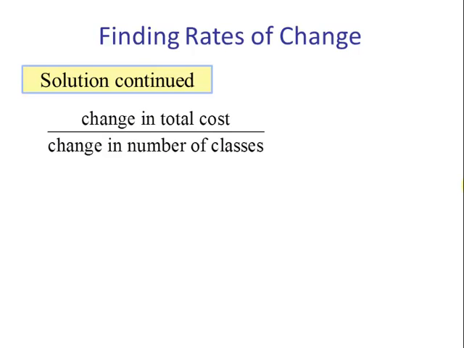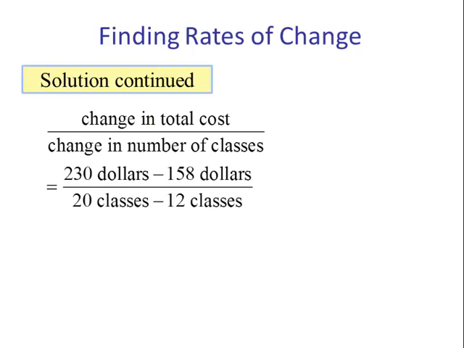So we have the change in total cost. That's our y variable, our dependent. Our independent is the number of classes. So the cost depends upon the number of classes. So we have $230 minus $158 over 20 classes minus 12 classes.